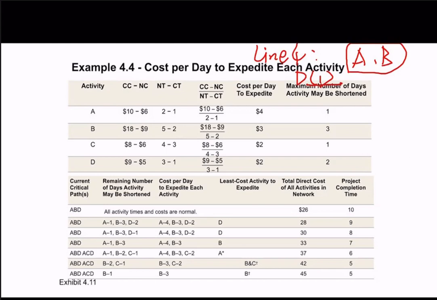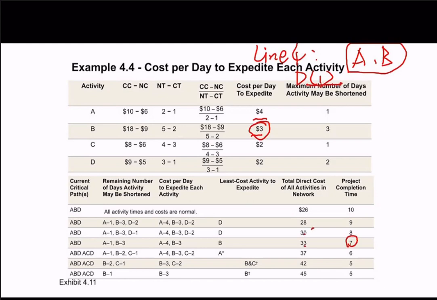So for A and B, if we compare 4 and 3, we need to choose to reduce B. So B is reduced from 5 days to 4.